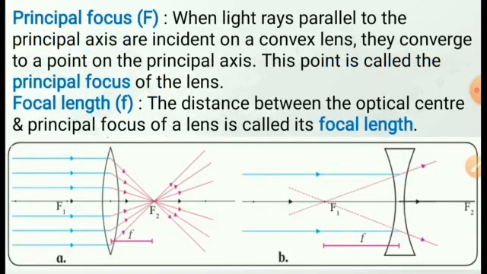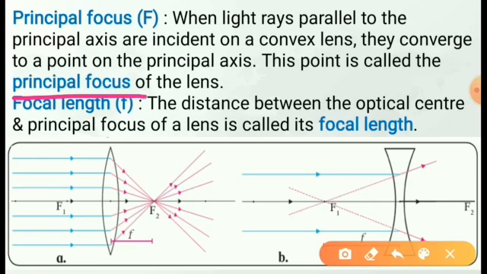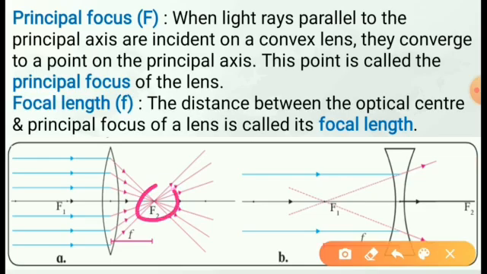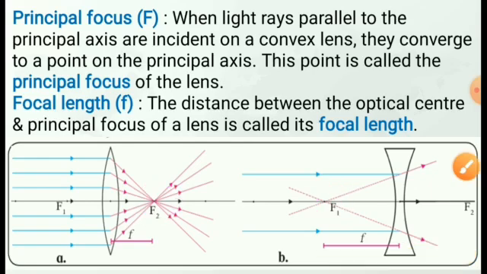Principal focus F. When light rays parallel to the principal axis are incident on a convex lens, they converge to a point on the principal axis. This point is called the principal focus of the lens. You can see here in this diagram, this is the principal focus of the lens.